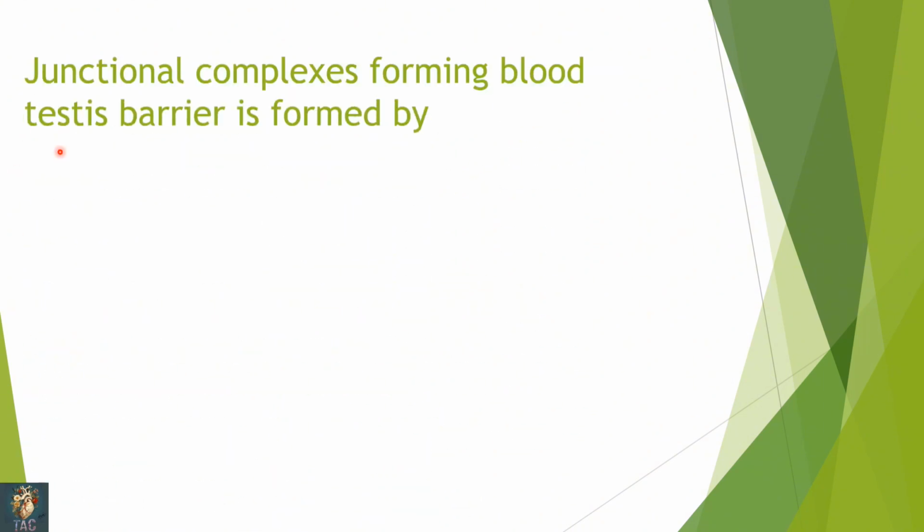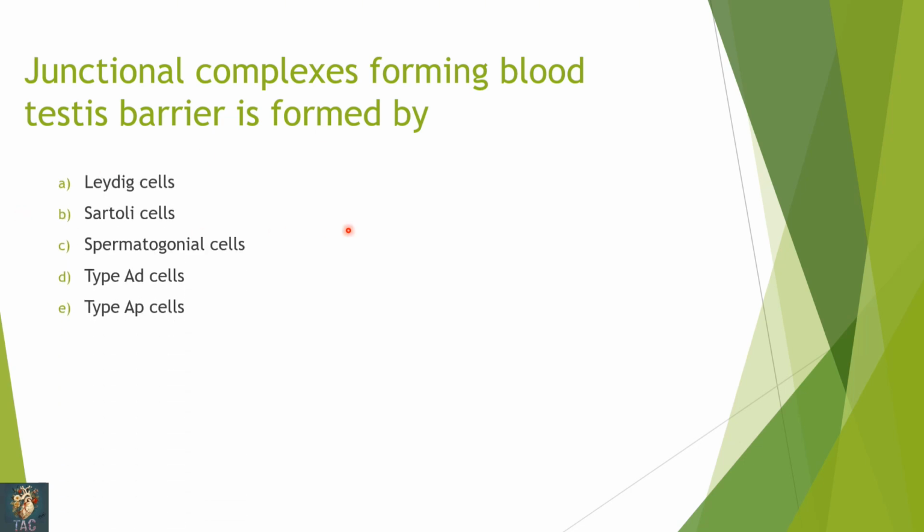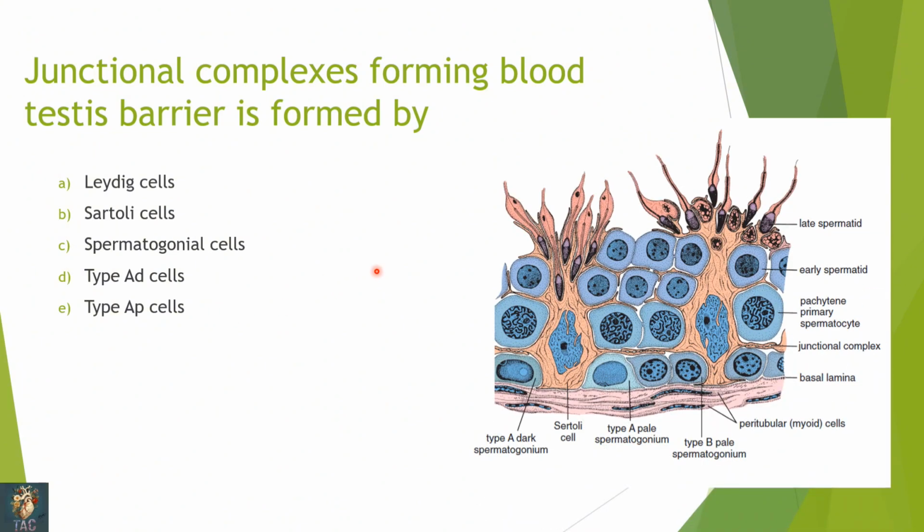Next, the junctional complexes forming the blood testis barrier. This is again a very important question from your exams as well as in the part one exam. So junctional complexes form between either the Leydig cell, the Sertoli cell, the spermatogonial cells, type A dark cells, or type A pale cells. So have a look at this diagram.